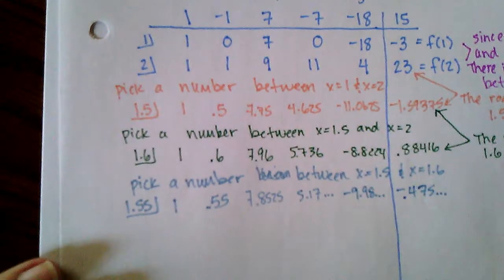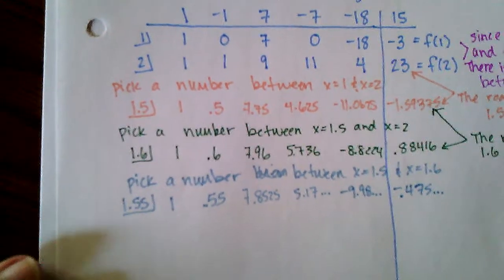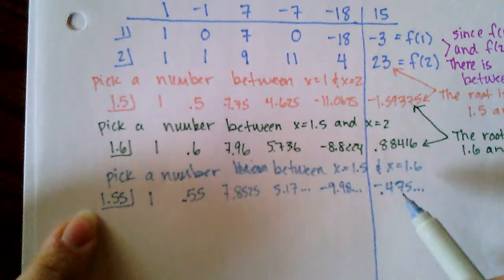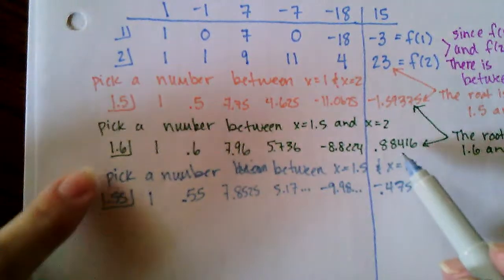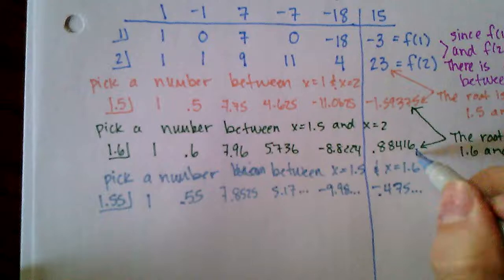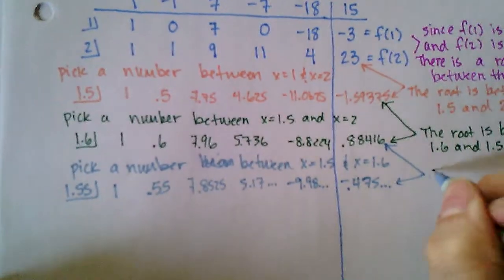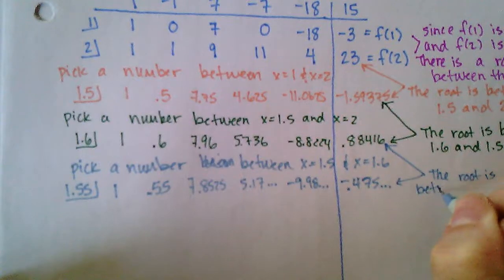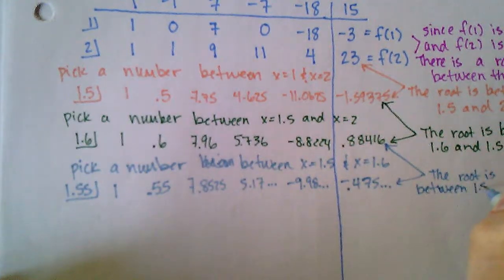Okay, so now I see that at 1.55, the function is below the x-axis, and at 1.6, the function is above the x-axis. So here I have a sign change. So now that tells me the root is between 1.55 and 1.6.